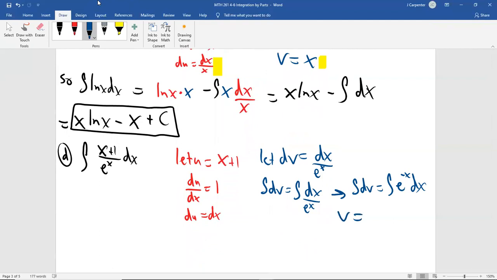The integral of an e to the x is itself, but we did have that special case of the formula where if there was a coefficient here, you had to divide by that coefficient. So this is e to the negative x itself divided by the coefficient of the exponent, -1, which is just negative e to the negative x.